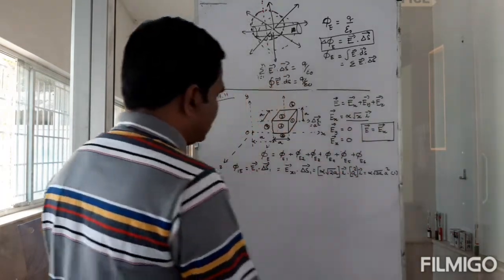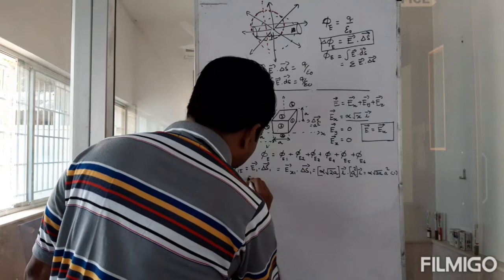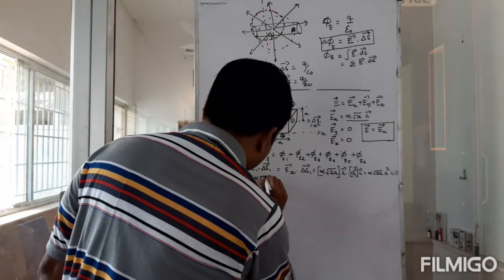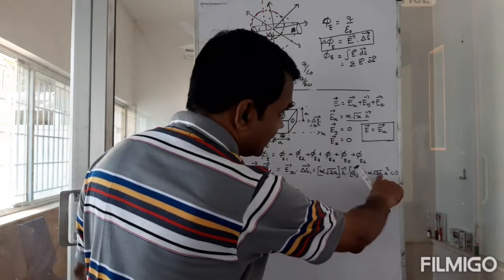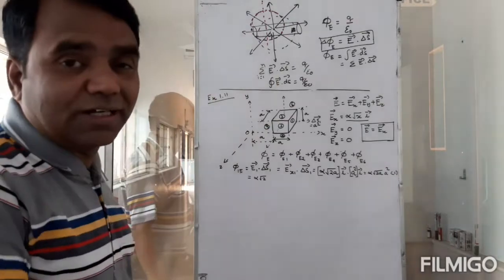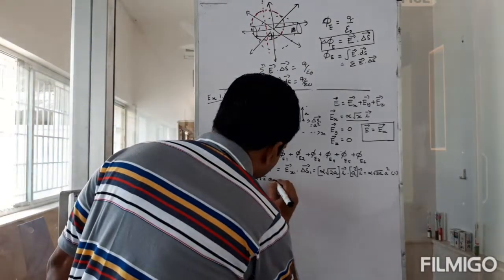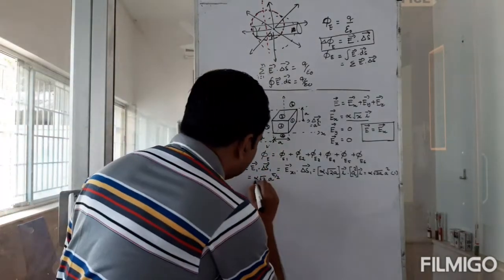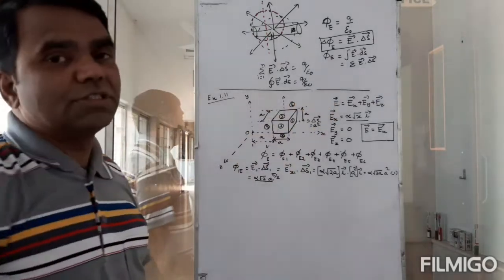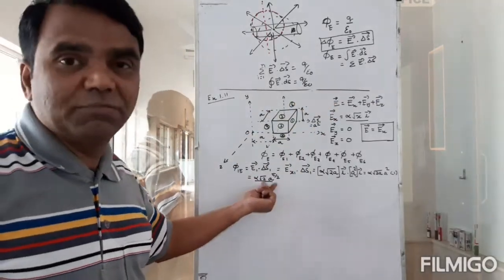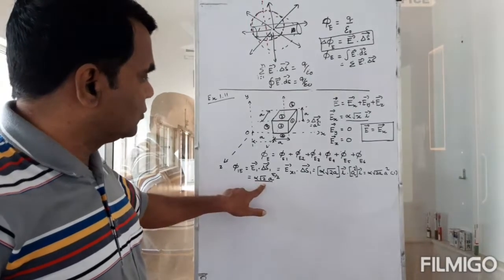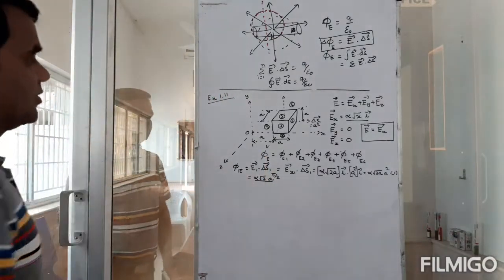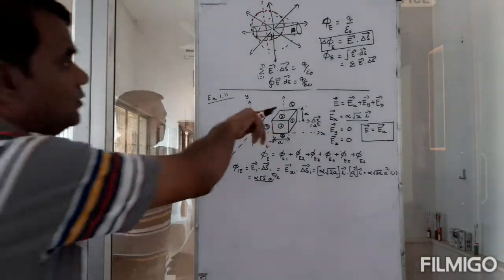So I can write this as alpha into root 2 into a squared into a to the power half, a power 2.5, or I can say a power 5 by 2. Okay, so that is the flux through the surface. I can put the numbers here, but I can put the numbers later. Alpha root 2 a to the 5 by 2. That is the expression I have for the flux through the first surface.